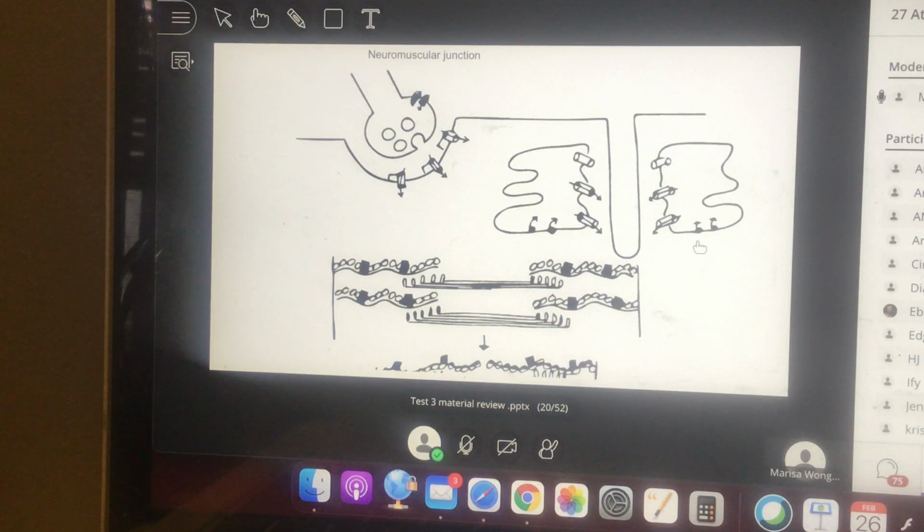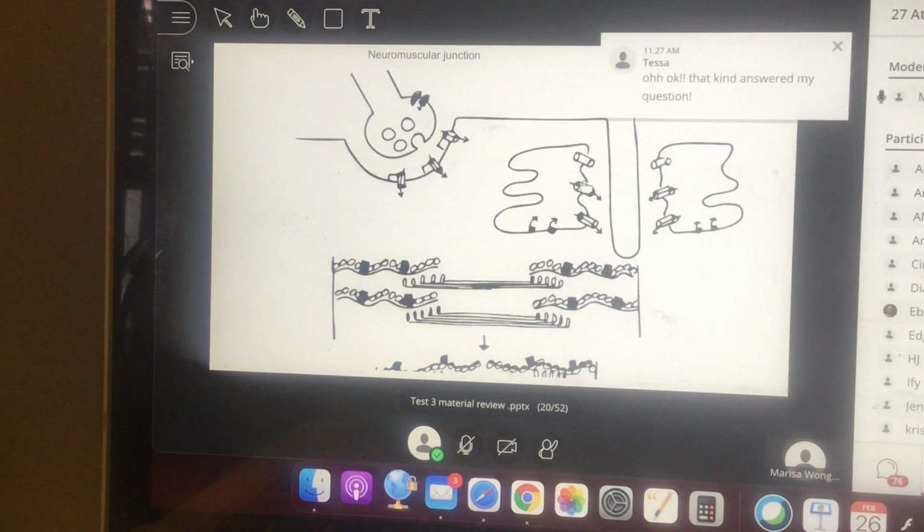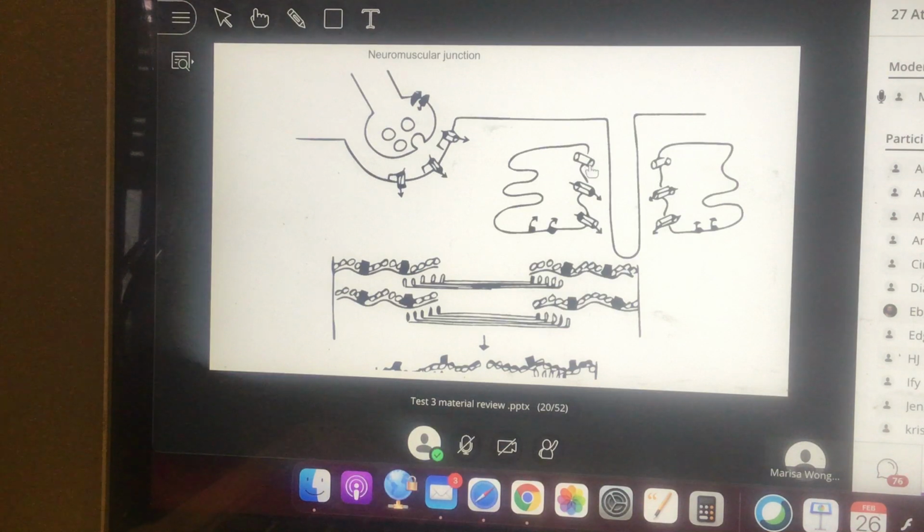So, Megan, you asked, is the calcium leaving the sarcoplasmic reticulum a voltage-gated channel? Yes, it is. These are more voltage-gated calcium channels. So they're able to be triggered by the action potential going down the T tubule just by virtue of the fact that they're right next to each other.